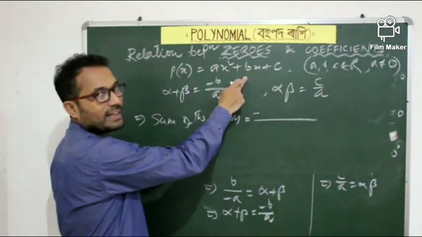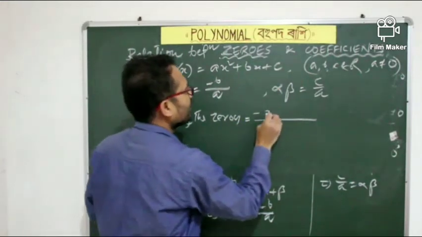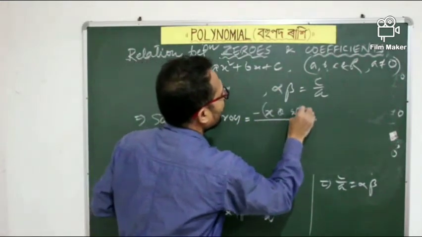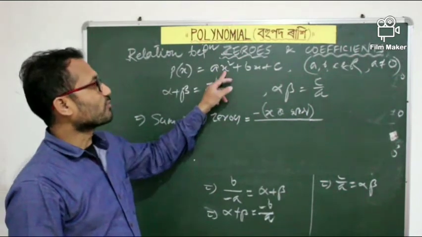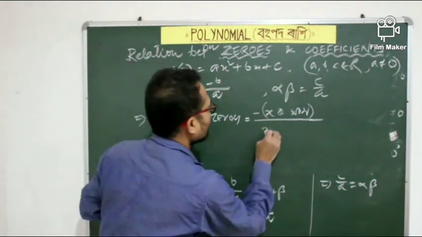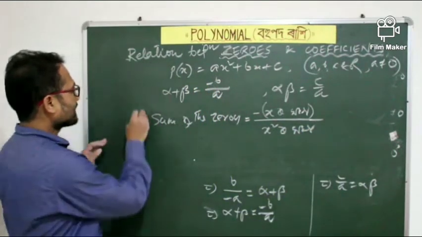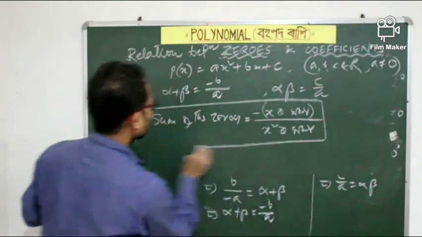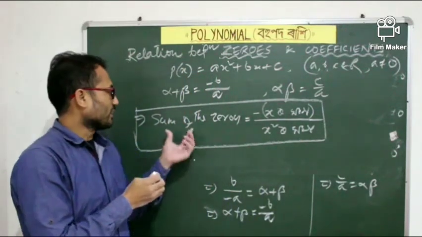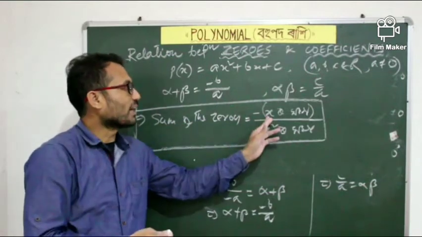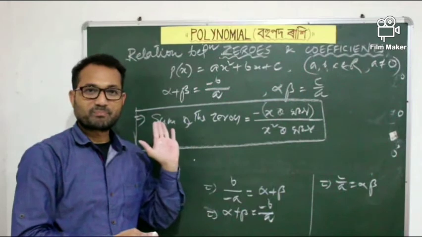It is the coefficient of x, and a is the coefficient of x squared. So this is the first relation: sum of the zeros equals minus coefficient of x divided by coefficient of x squared.